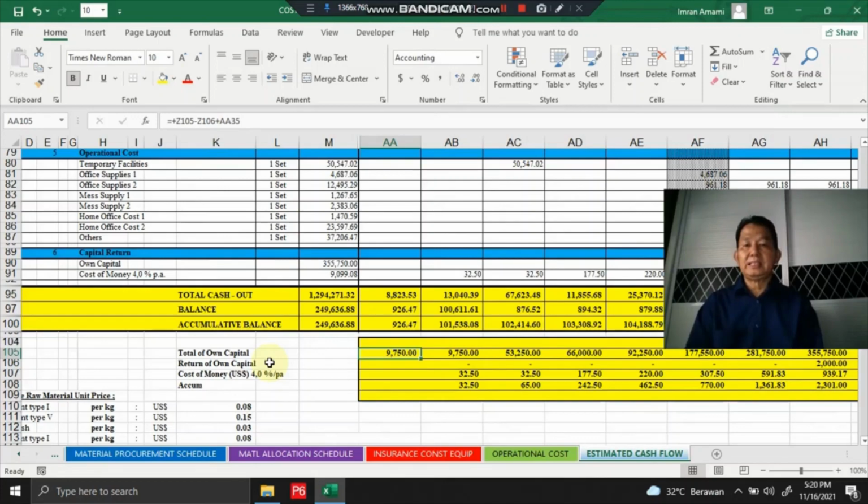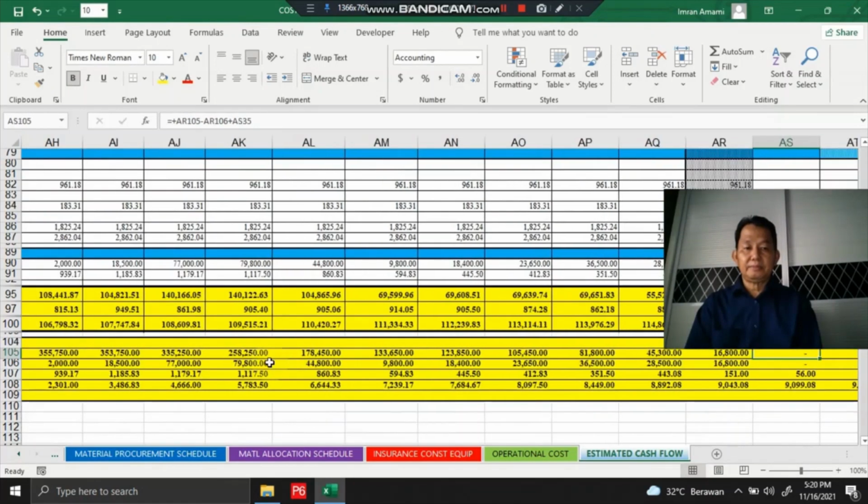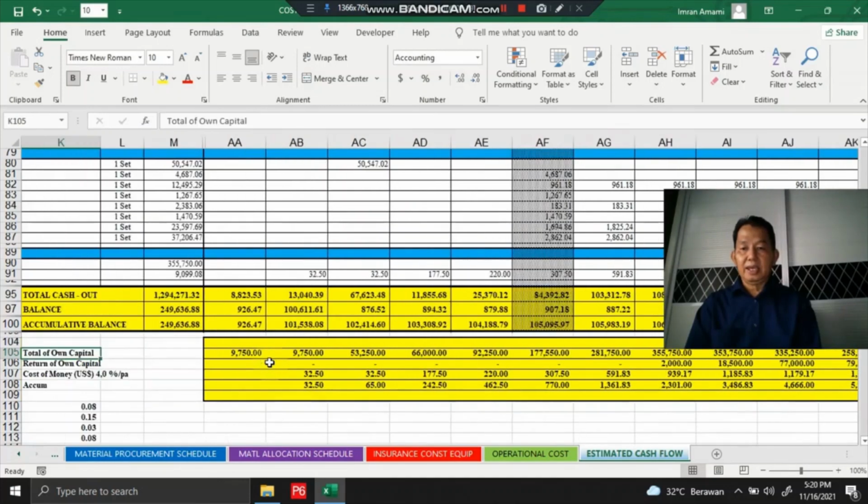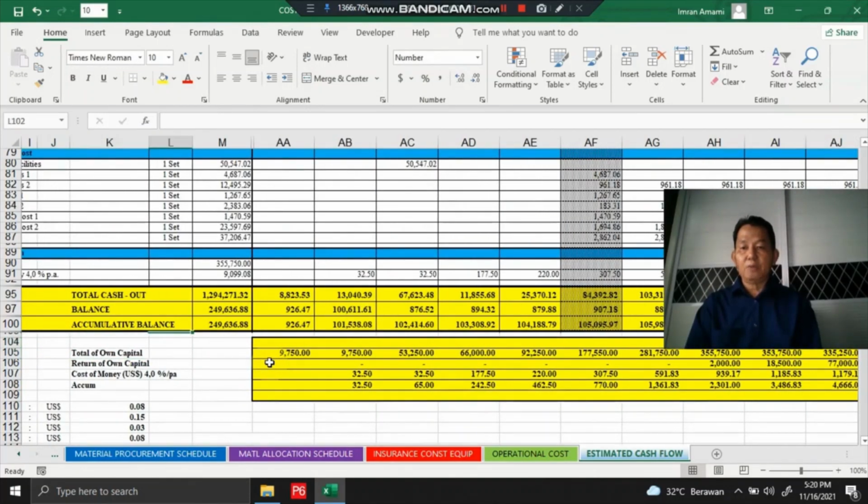The accumulative balance for this project is here, 249,636.88 dollars.